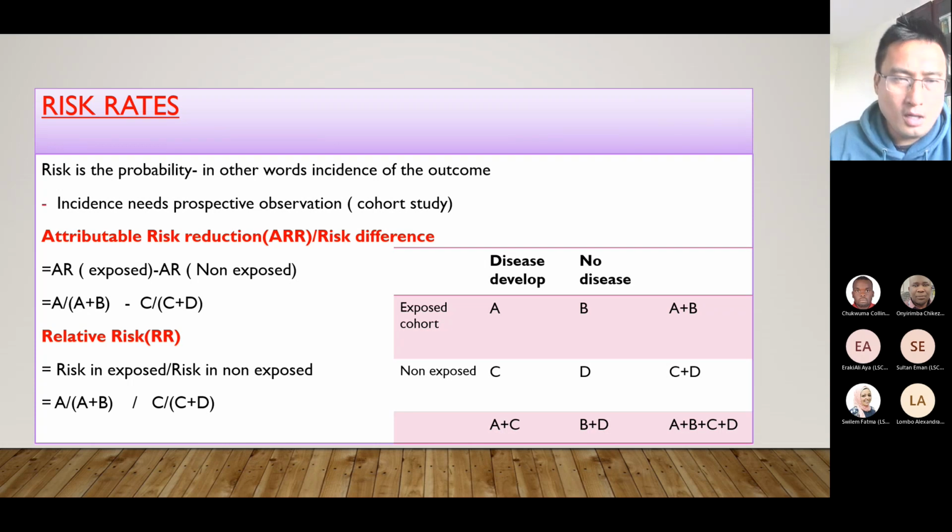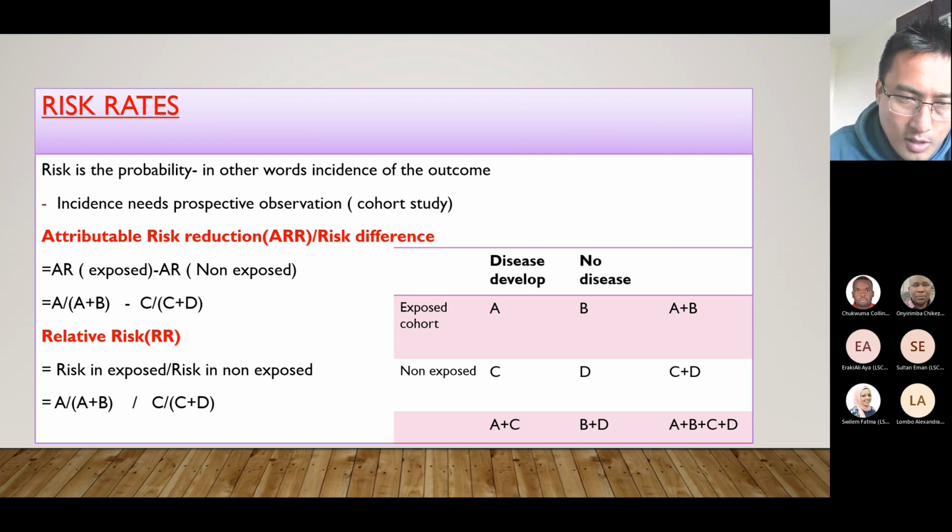Okay. Now there is another term called risk ratio. Okay. So this is in the cohort study. So in the cohort study, when they ask about attributable risk reduction, ARR, basically what you do is you take the risk in the exposed minus the non-exposed.